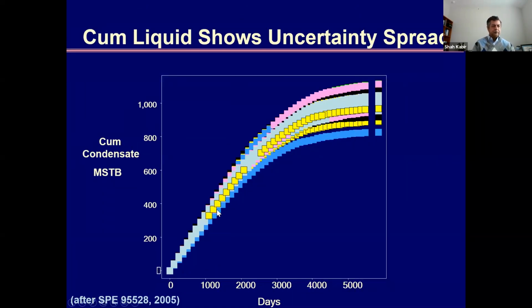Look at that. Almost literally from day one, we have an uncertainty band. This is the low projection, and that's the high projection. Your solution would probably be in between. We don't know where. So what does that mean?